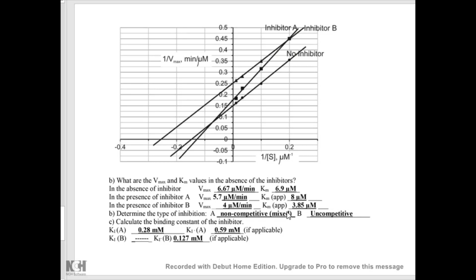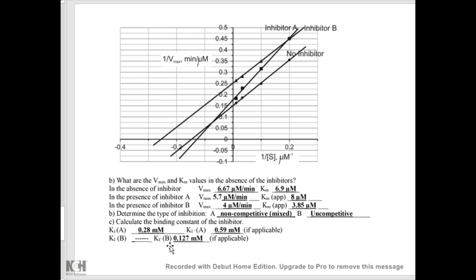And the last question in this problem is to find dissociation constants of enzyme inhibitor complexes. 2 constants are asked for each inhibitor, but in fact there are 2 of them only for non-competitive or mixed type of inhibition, and for uncompetitive inhibitor we have only 1 constant.